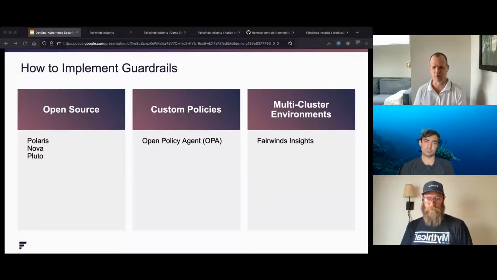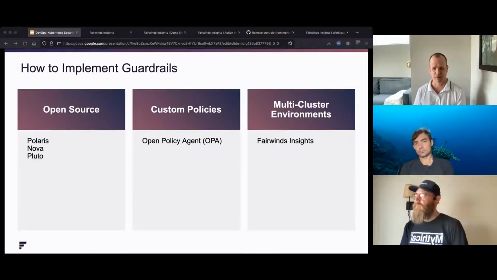So what Pluto helps you do is get a heads up about those changes that will be coming. If you're running Kubernetes 1.22 and you're about to upgrade to 1.23, you can use this tool to get a heads up about things that are deprecated that you might not have been aware of that are going to be removed in that new version of Kubernetes.